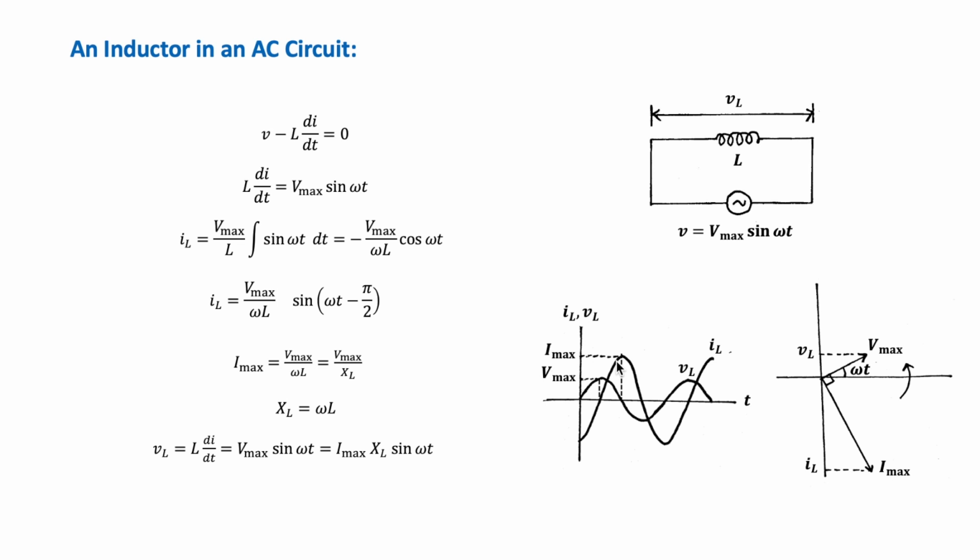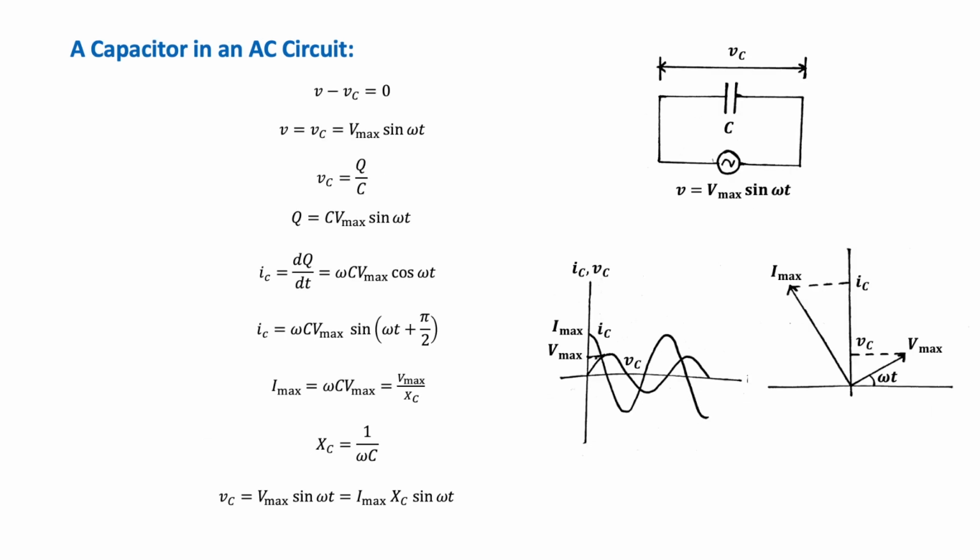Or we can say that the current lags behind the voltage across the inductor by 90 degrees. So the instantaneous voltage drop across the inductor is V L equal to L di over dt, equal to V max sine omega t, equal to I max X L sine omega t.